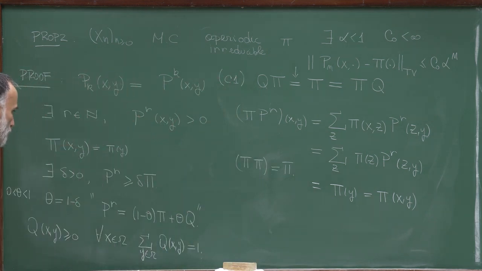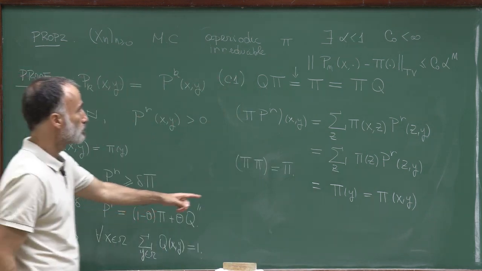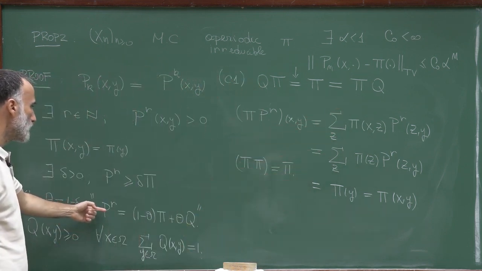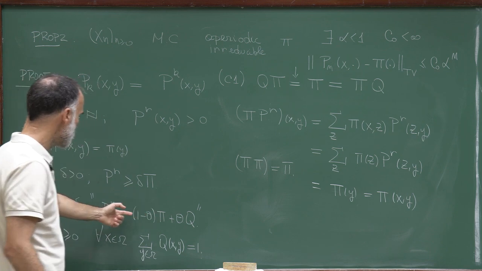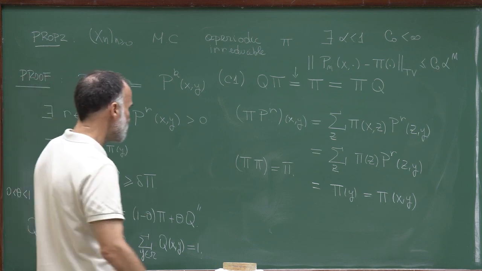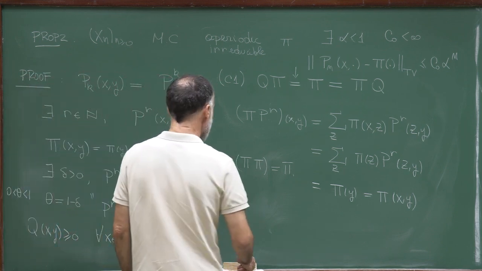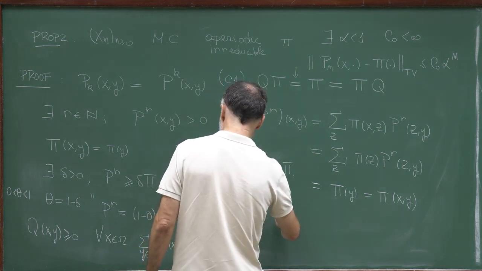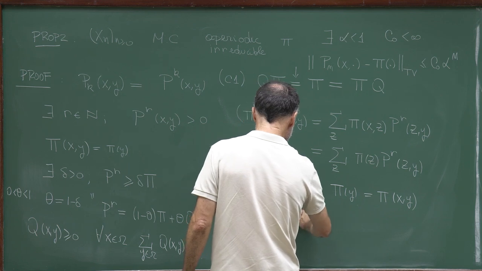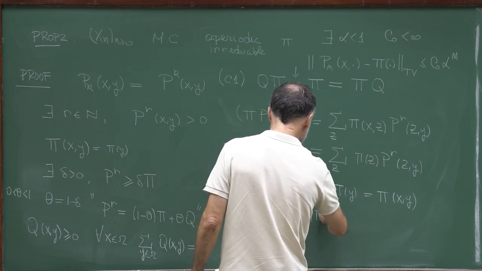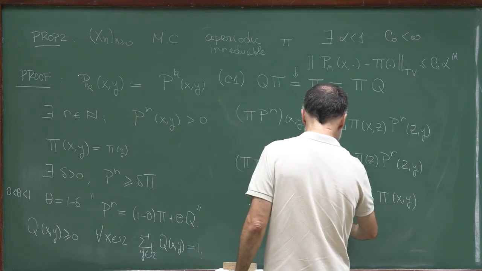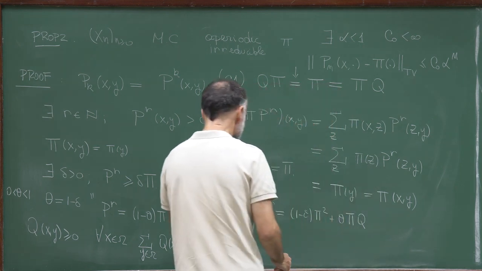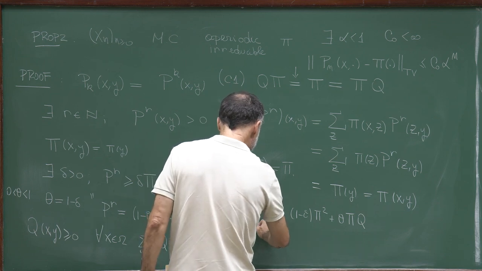And so now let's prove the second identity. For the second identity, I will take pi on the left-hand side of both sides of this equation. So what we get is pi P, which is equal to (1 minus theta) pi squared plus theta pi Q. So this is again pi.